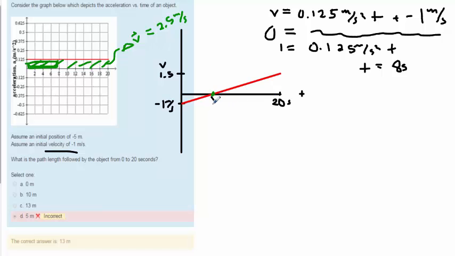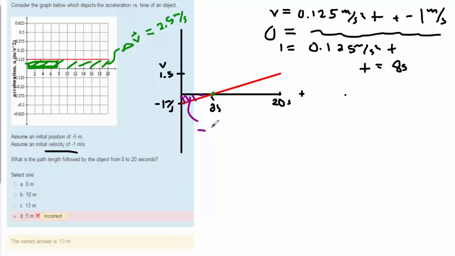Okay, so why do we need to know that this is 8 seconds? The next thing I'm going to do here is find the area under the curve of this velocity versus time graph. So how would I find the area here? The area here would be -1 times 8 divided by 2, the area of a triangle.